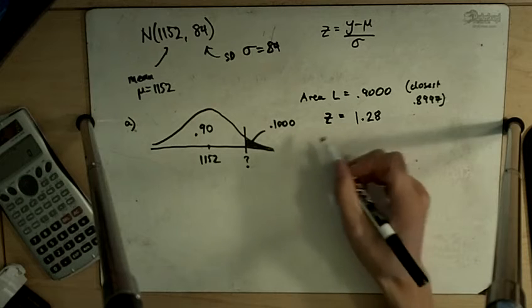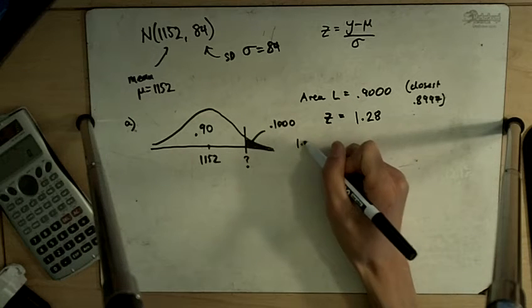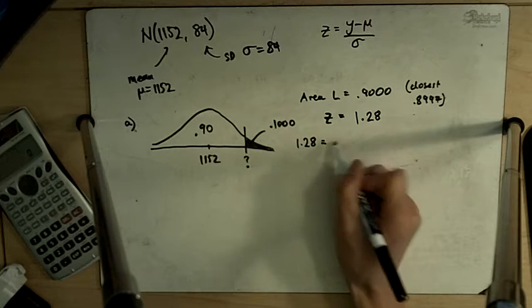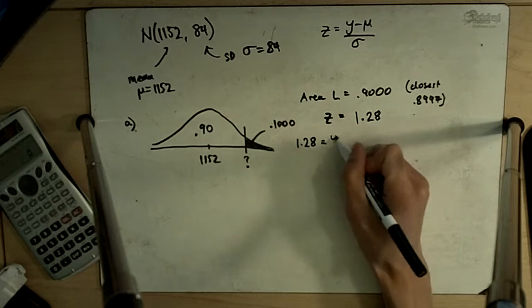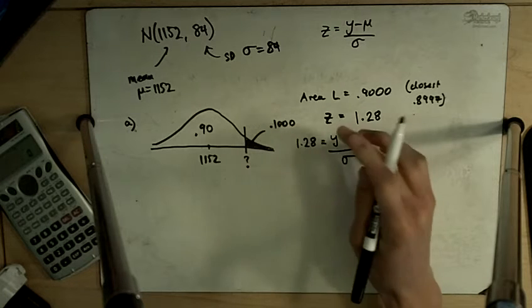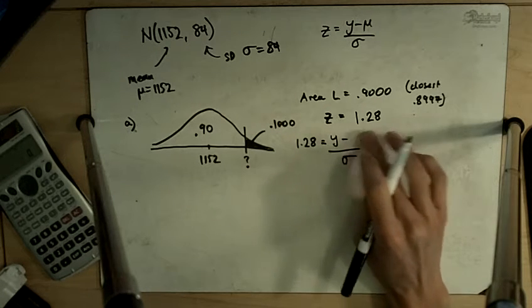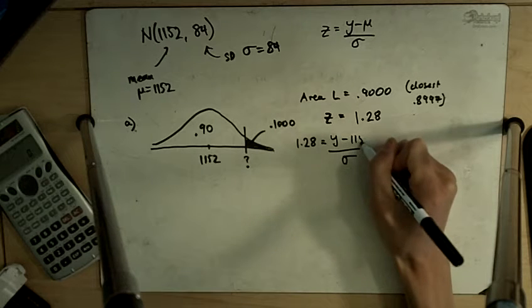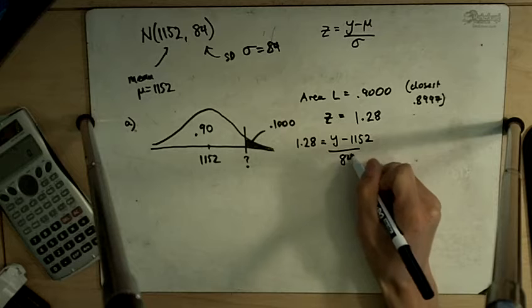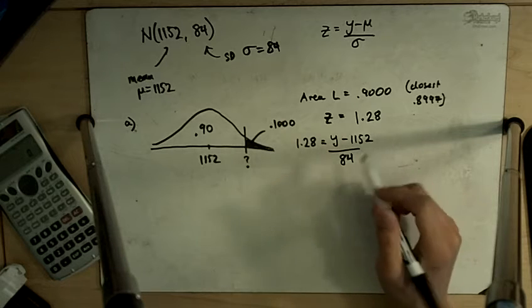Once we have the z value equal to 1.28, we can plug it into our formula. z is equal to 1.28, and that's equal to y minus mu divided by sigma. We know our mu is equal to 1152, and we know our sigma is equal to 84. Now it's just a bit of algebra.